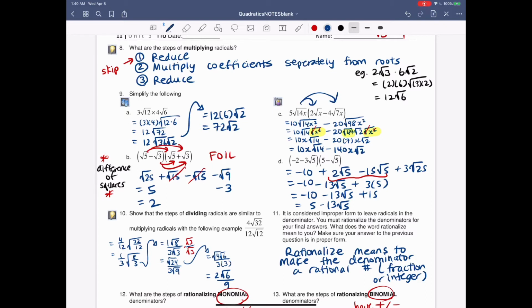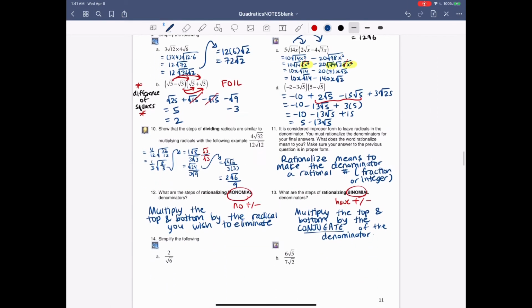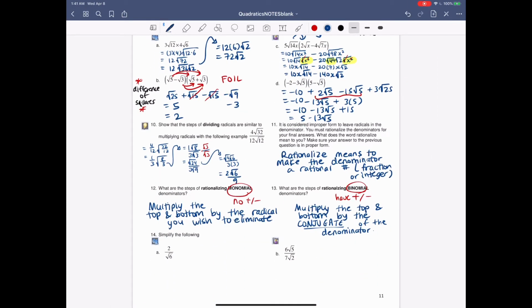So square root 5 times square root 5 equals 25. You're forcing a perfect square on it, and when you take the square root of a perfect square, you'll get a rational number. That's why we are multiplying the top and bottom by the conjugate, because of this difference of squares characteristic.